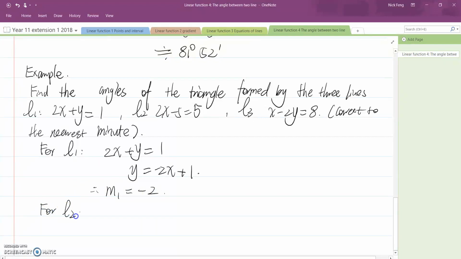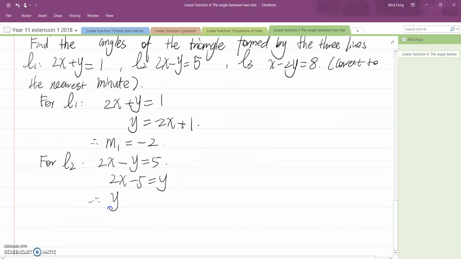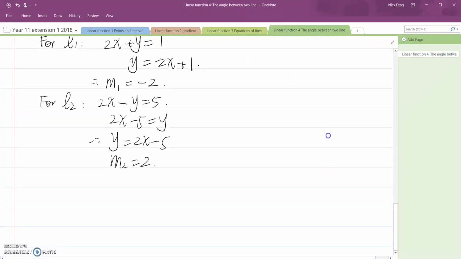And for L2, 2x − y = 5. Move it to the right side, so y = 2x − 5, gradient equals 2.